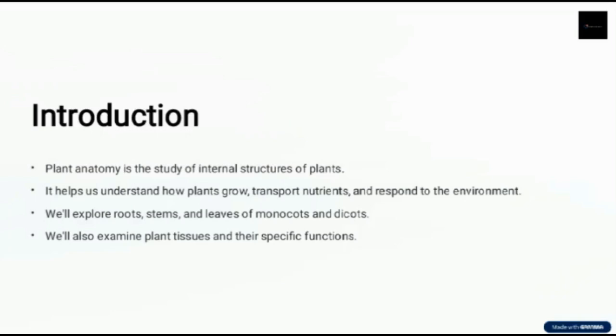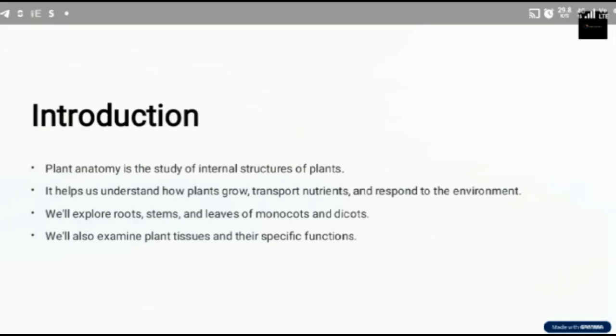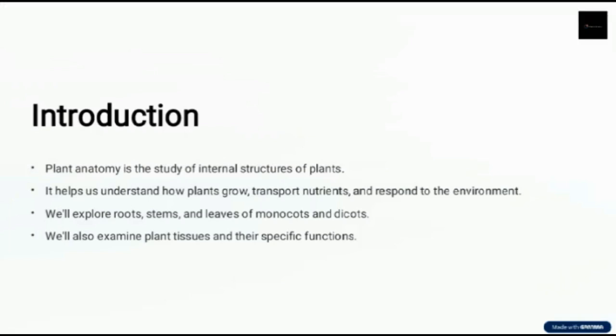Within the structure. So there is something inside of every tree, inside of every plant that is making it respond the way it responds to the environment, able to grow the way it is growing, transport nutrients, and also store up nutrients. Are we together?